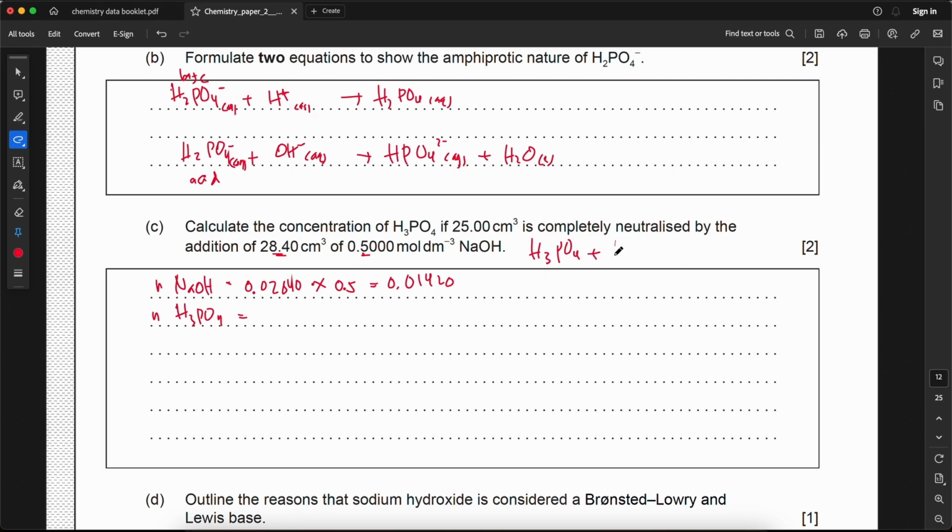H3PO4, when it reacts with NaOH, will form Na3PO4 plus H2O, and this will be 3. If you find difficulties, you just need to dissociate it into ions. So PO4 3 minus and then H plus.